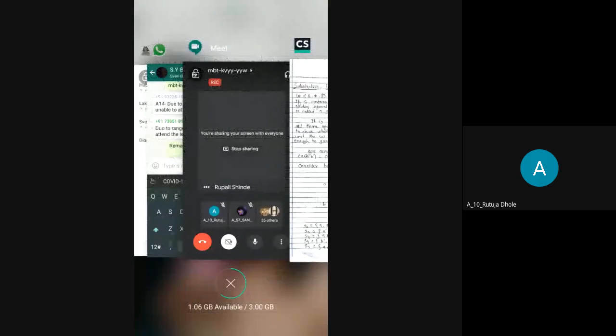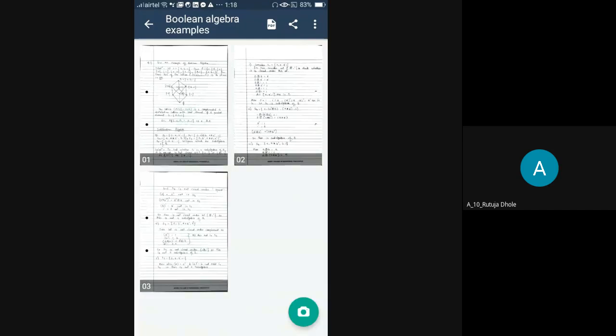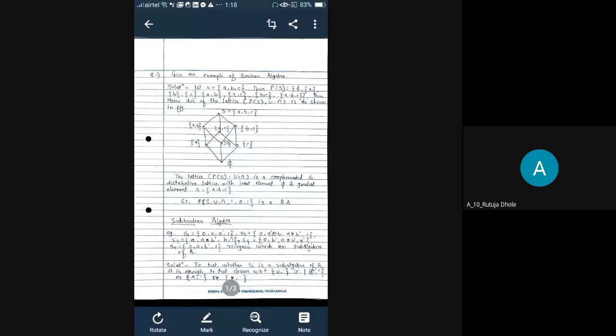So first set I will check. I will tell you how to check whether it is subalgebra or not. So that detailed explanation I have given here. So here set S1 is given as 0, A dash, 1.